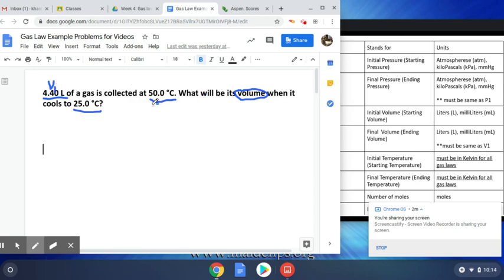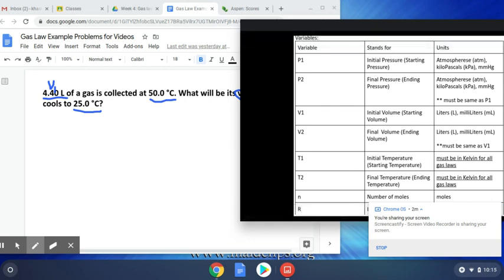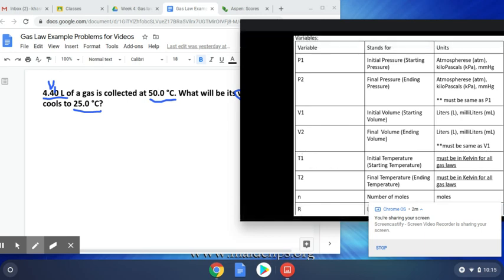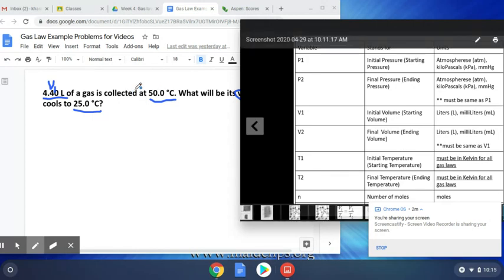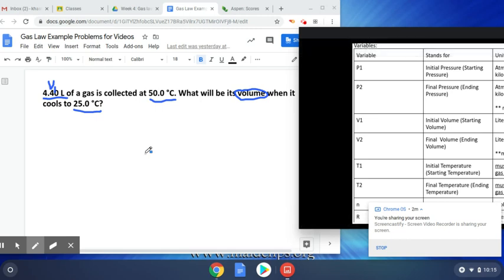Okay, so now we get to 50 degrees Celsius. 50 degrees Celsius is a temperature, which you folks know just because degrees Celsius is a temperature. However, if you look here, temperature needs to be in Kelvin for all of the gas laws. Now, you folks learned how to convert from Celsius to Kelvin in probably September, so you might need a little bit of a refresher on that. But all you have to do, it's very, very easy. All you have to do is take this number and add 273 to it.